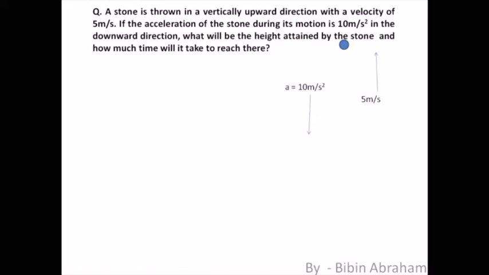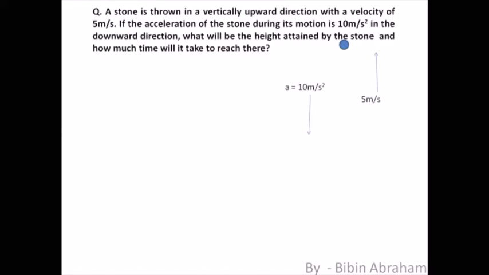So now very carefully listen to me. Tell me, will my final velocity be 0 at that point when the stone will stop? Yes, think about it. Will my final velocity be 0 at the point where the stone will be stopping? Yes, it will be 0. I hope you're getting my point.